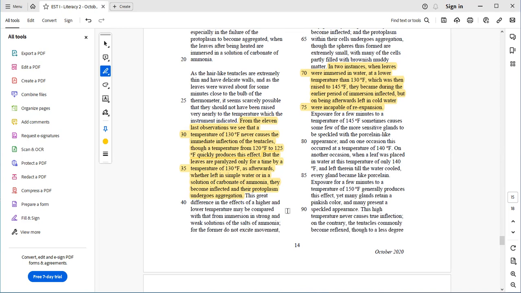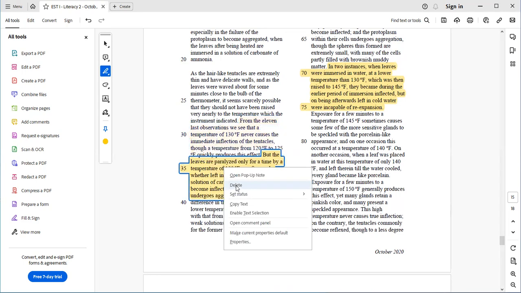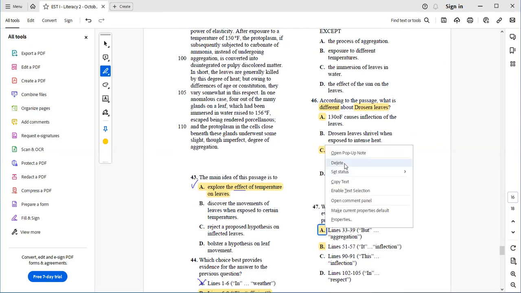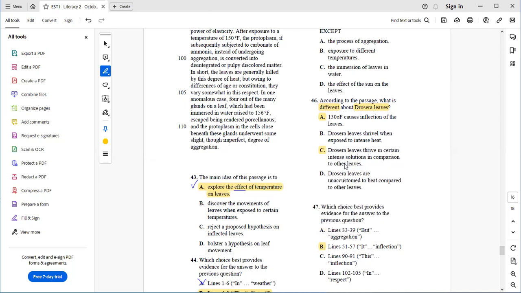But the leaves are paralyzed only for a time by a temperature of 130 degrees Fahrenheit, as afterwards, whether left in simple water or in a solution of carbonate of ammonia, they become inflected and their protoplasm undergoes aggregation. Teacher, nothing here talks about Drosera leaves. Who chose A? Nothing mentioned Drosera leaves. Yusuf chose A.